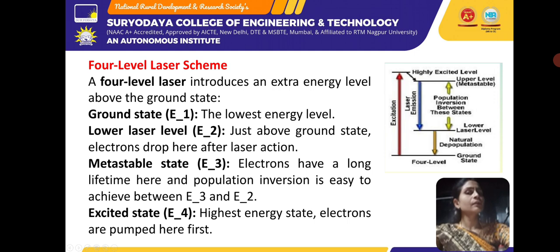Then E2 is the lower lasing level just above the ground state; here the electron drops after the laser action. Then the metastable state E3: electrons have a long lifetime here and population inversion is easy to achieve between E3 and E2. Then E4 is the highest energy state where electrons are pumped first.